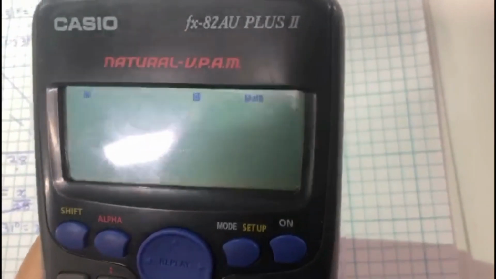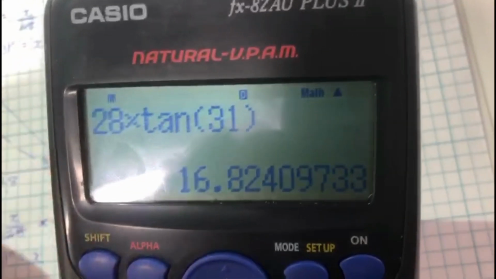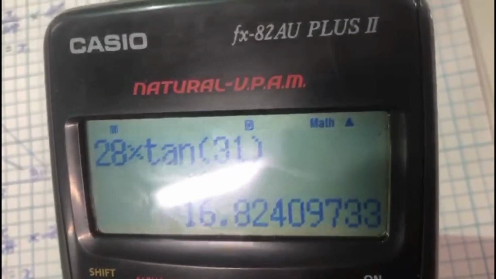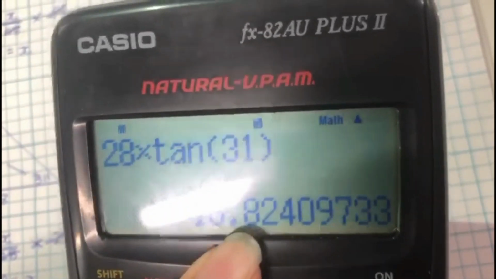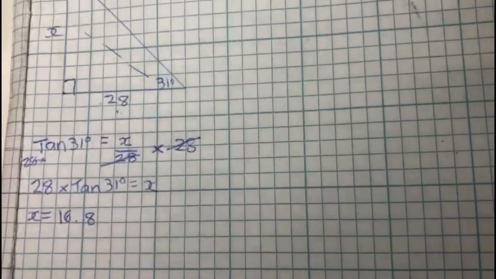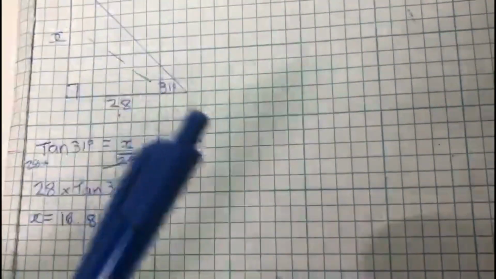Close the bracket, enter, 16.82. 2 is lower than 5, so because we're just doing one decimal point, it's just 16.8, and you're done. And that is how you can find each equation.